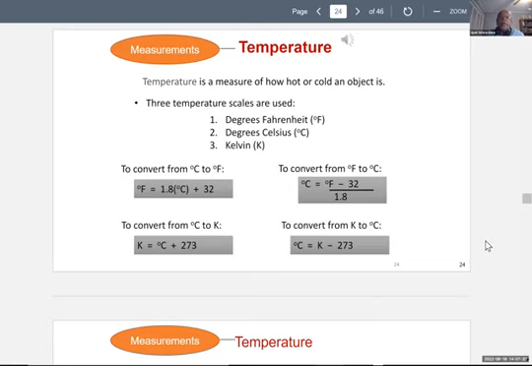You subtract. Therefore, these first two conversion factors, you can do backwards or forward, all right? So you need to remember this, okay? So we will be doing conversions of temperatures.